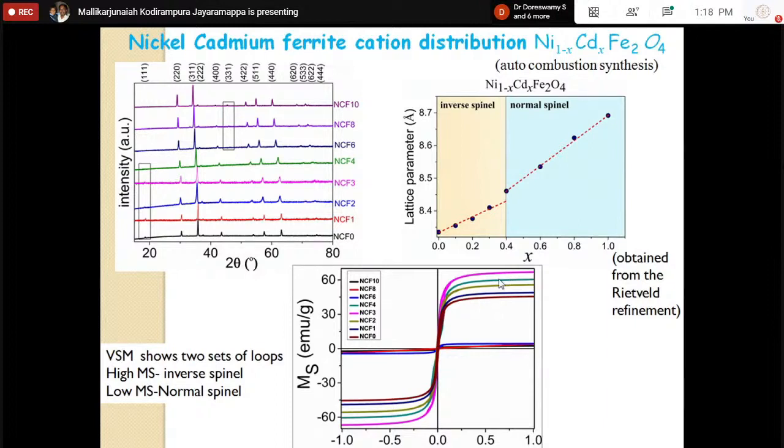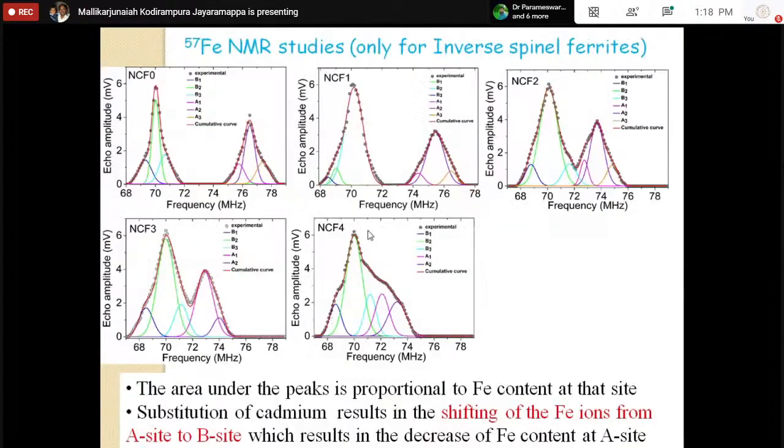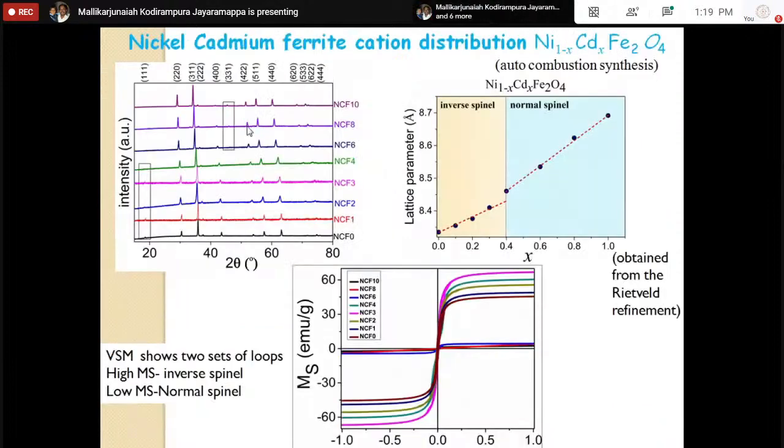But when we performed zero field NMR experiments for the same series of compounds, we could see that when we started with nickel ferrite, we were able to see two different peaks corresponding to two positions. One is as we have mentioned here.